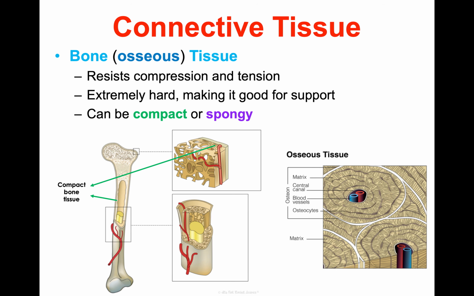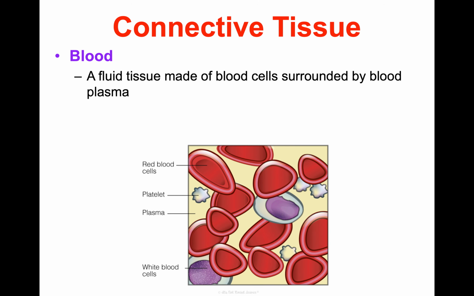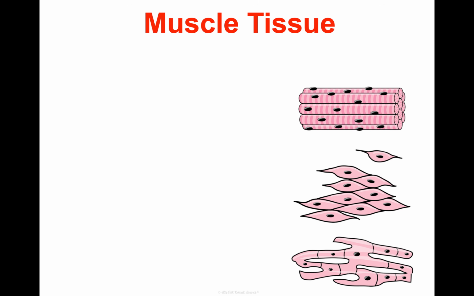It can be compact, which we can see here in the picture, or it can appear a bit more spongy. And then blood. This is your fluid tissue, which is made of blood cells surrounded by blood plasma. Your blood carries oxygen and carbon dioxide and nutrients and waste and other things like hormones throughout your body. It's so, so important. We'll spend a whole concept on it.